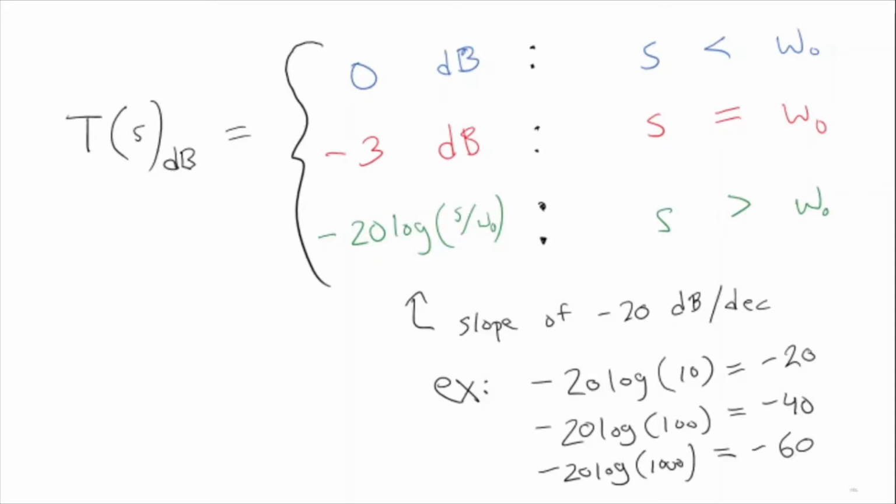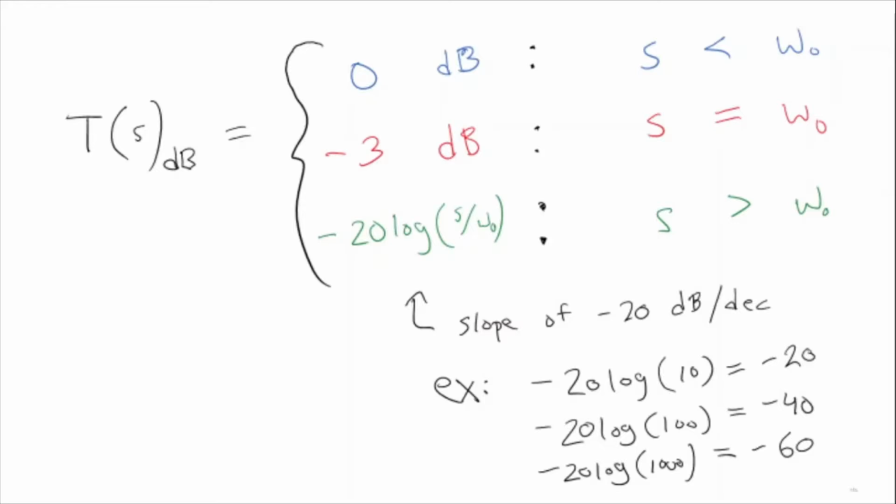So we have unity gain, or 0 decibels, before the break frequency. When s equals the break frequency, s over omega naught equals 1. So our transfer function will be negative 20 log of square root of 2, which is about negative 3 decibels.